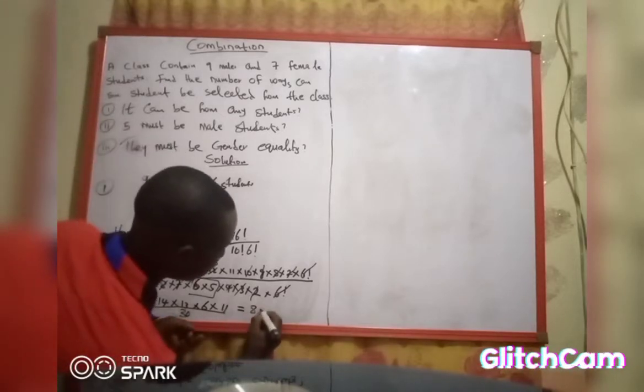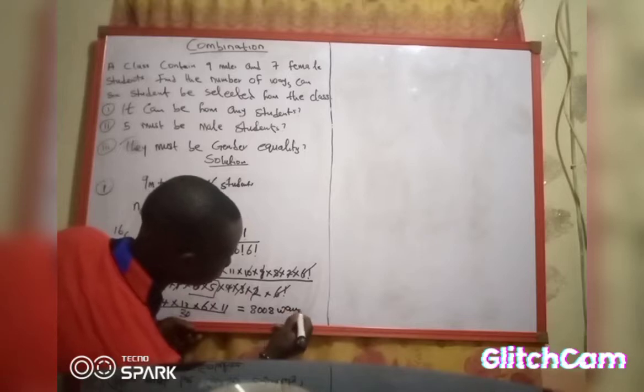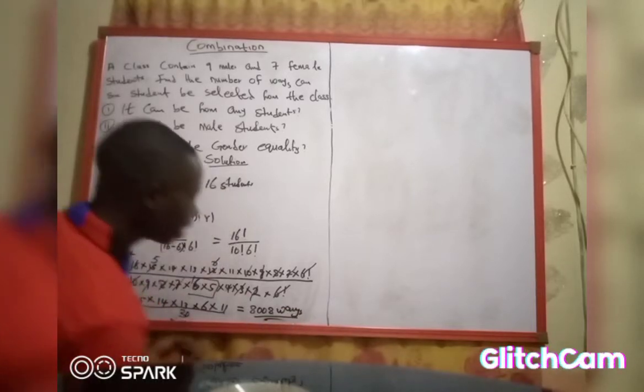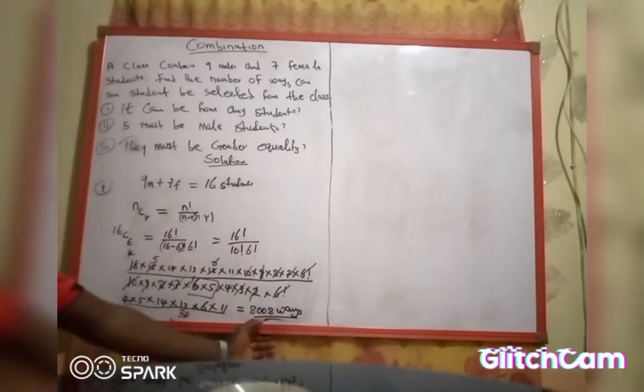I will have 8,008 ways. So the total number of ways to select 6 students out of 16 students is 8,008 ways.